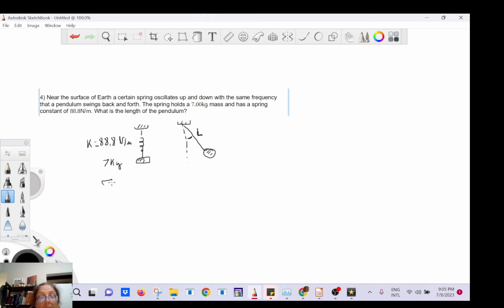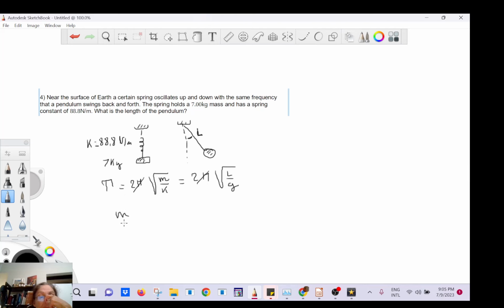So the period here is 2 pi the square root of the mass over K, and here we have L over G. So the 2 pi goes away.